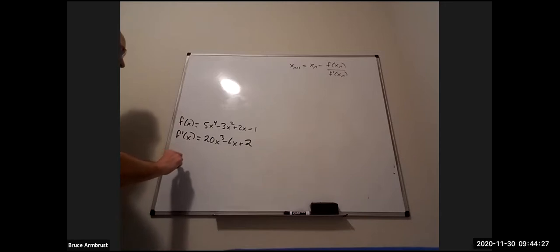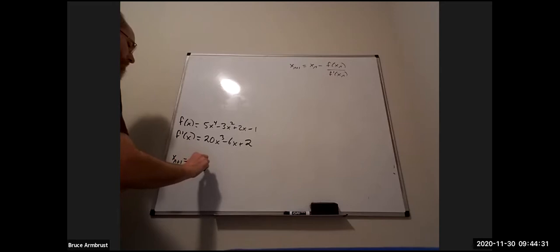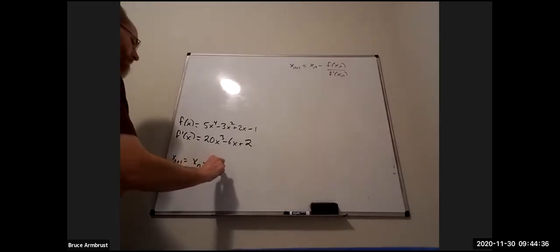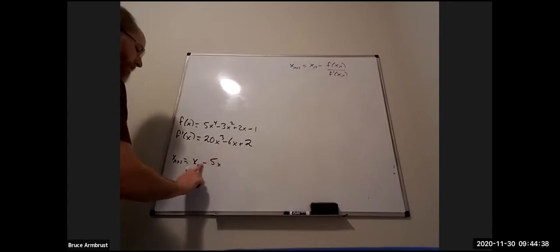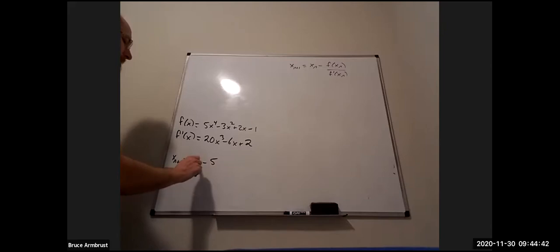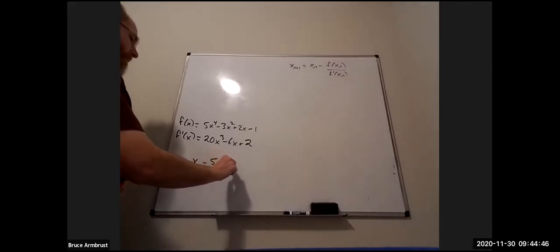So for Newton's method then, we're going to have our function. Let me strip off the subscripts just to keep it from getting too cluttered here.